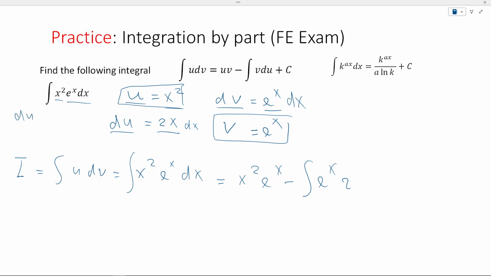Here, let me write it down. u is equal to x squared, du over dx is equal to 2x. Therefore du is equal to 2x dx. Don't forget the dx here. Okay, 2x dx.